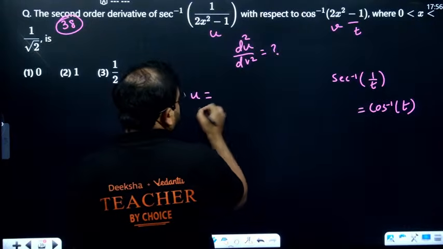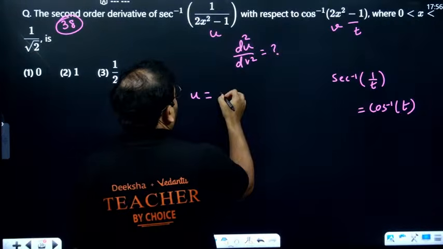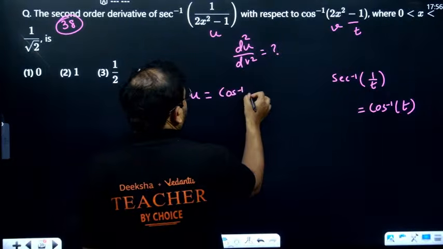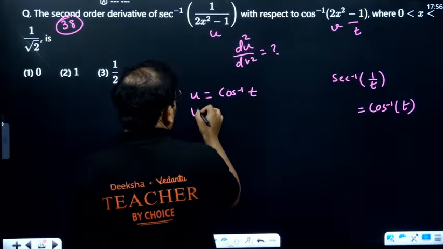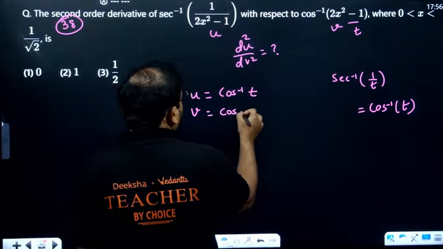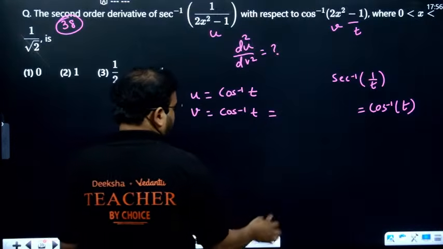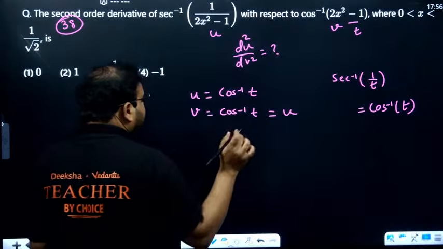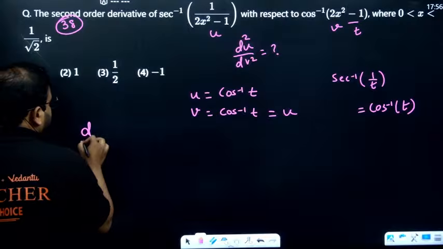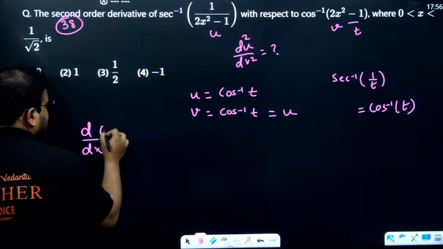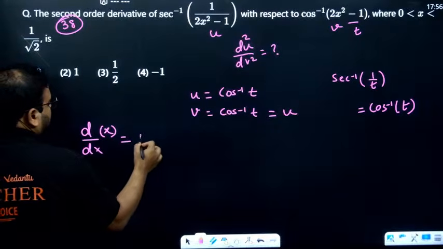U is cos inverse of t and V is cos inverse of t again, which means V is equal to U. And we know very well that differentiation of x with respect to x is 1.